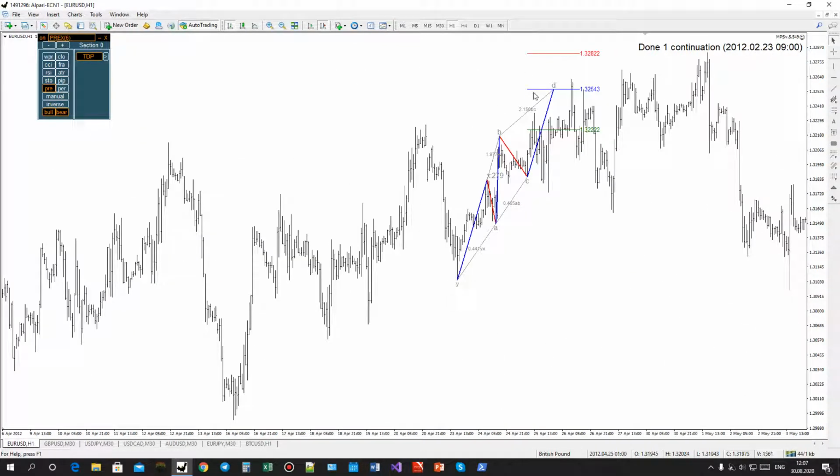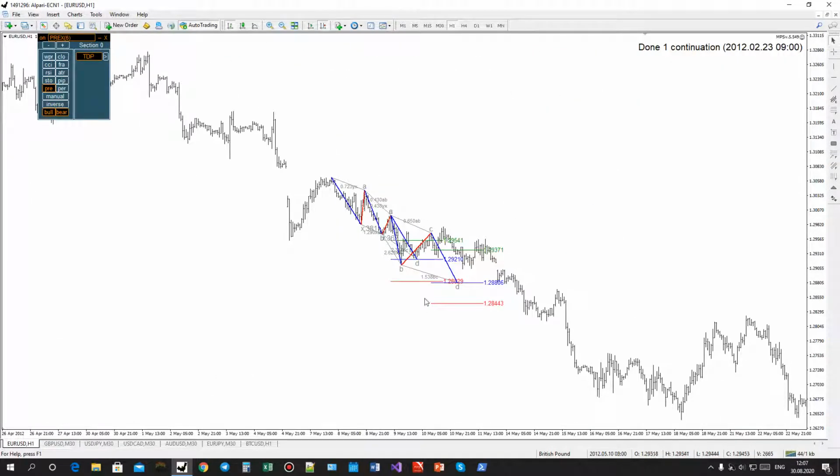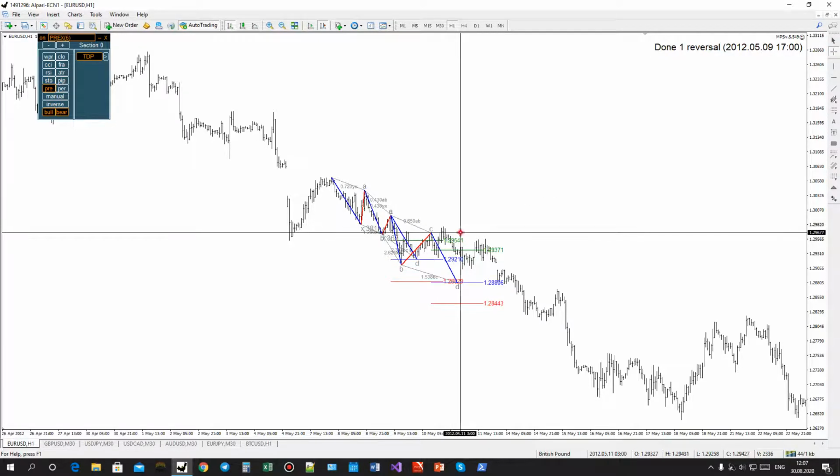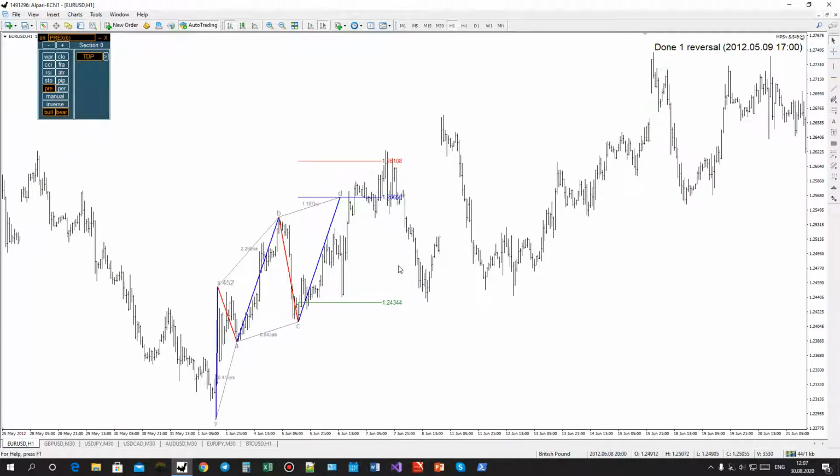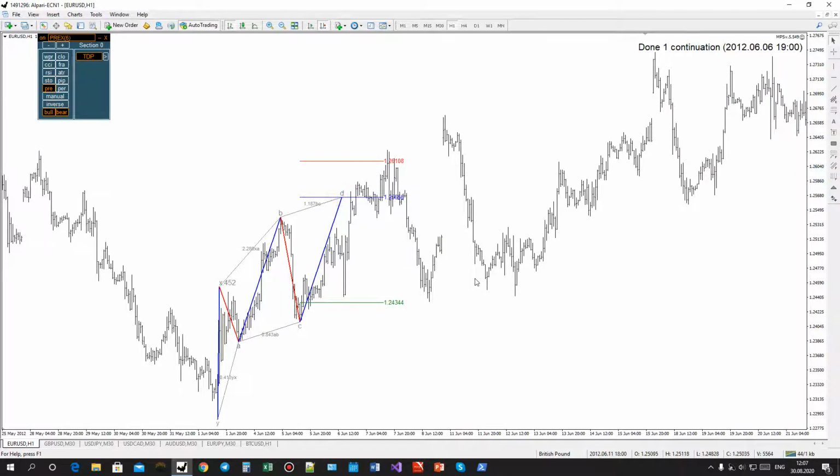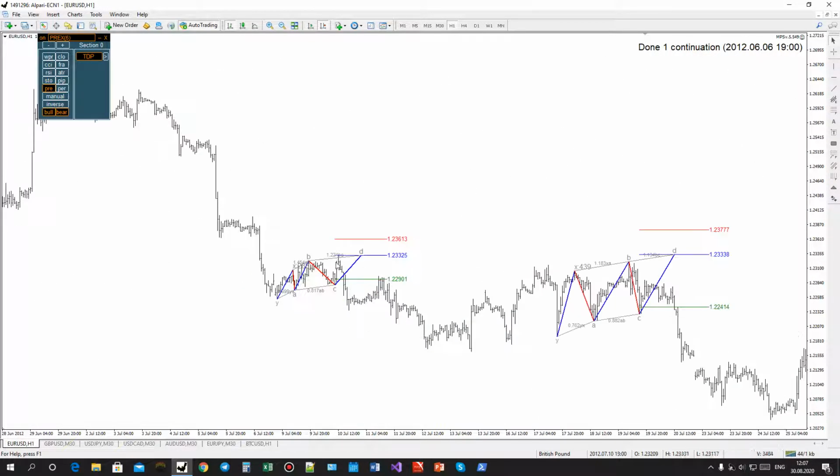Nothing here. Invalidates the C point. Okay, the first one was a win and the second was exceeding the C point. Goes to stop loss first. Here goes straight to targets.